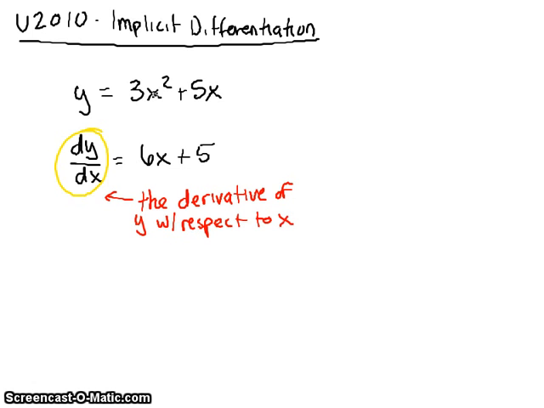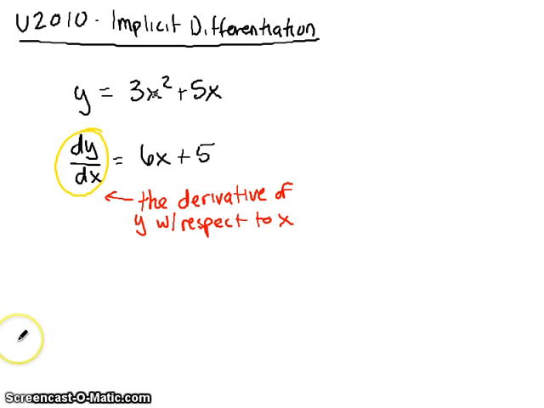And all that means is y is my function that I'm taking the derivative of, and x is the variable within that function. So what you see on the screen right now is actually implicit differentiation, but we don't really think about it as implicit differentiation.